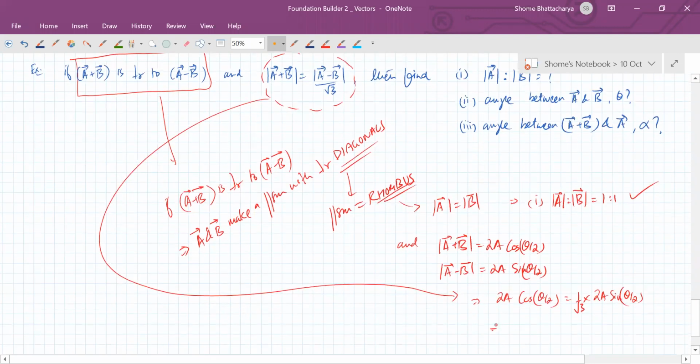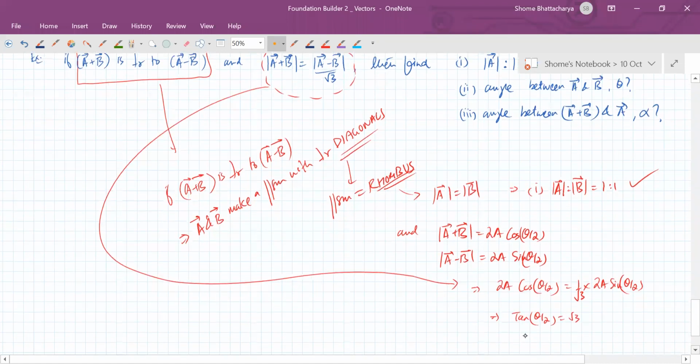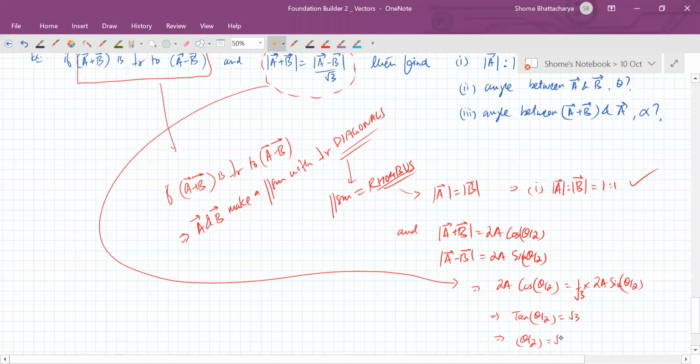So this now means that tan of theta by 2 is root 3, which means that theta by 2 is 60 degrees. Okay, which means that the angle between the two vectors is 60 degrees. This is your second part.